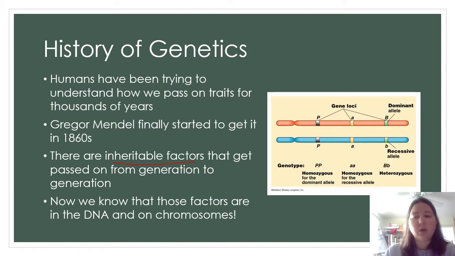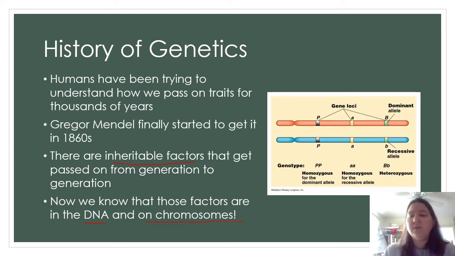At this point you actually know more than Mendel did, because what you know about now that Mendel didn't was DNA. Mendel didn't have any concept of DNA or chromosomes or mitosis and meiosis. He just figured out that there are inheritable patterns. And now we know those factors are DNA and they're on chromosomes.